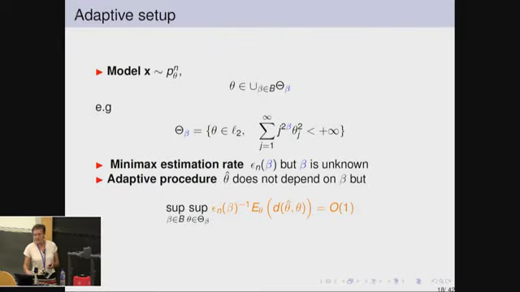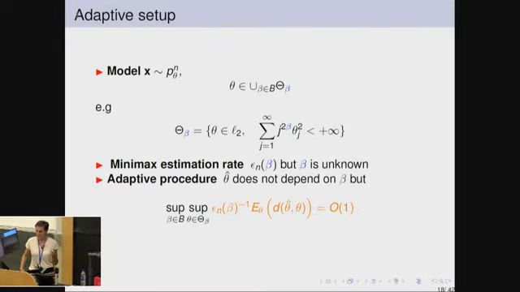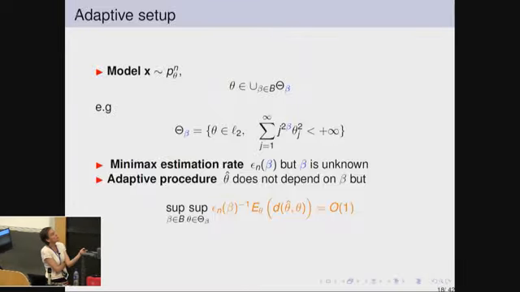So what do I mean by adaptive Bayesian methods? Imagine that you have a parameter space which can be written as a collection of different parameter spaces. For instance, if you are in L2, you could decompose L2 as Sobolev spaces where the coefficients decrease to 0 at a certain rate.